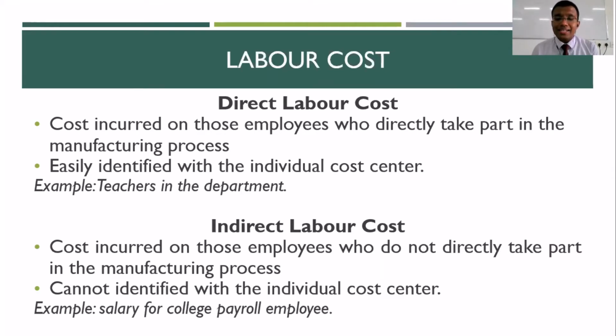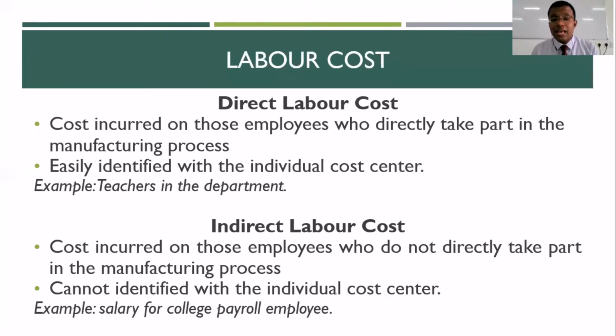So the salary that is paid to the employee working in the payroll section would be an indirect labor, because this employee is not directly engaged in the activity of teaching. However, if this person is not there, the entire organization may not be able to function smoothly.